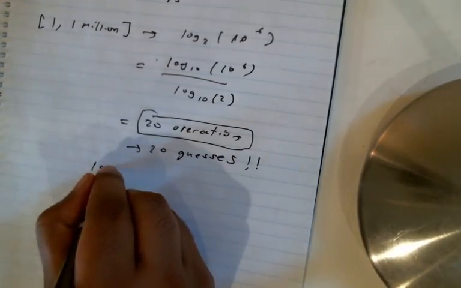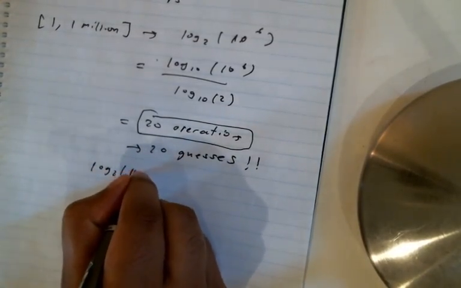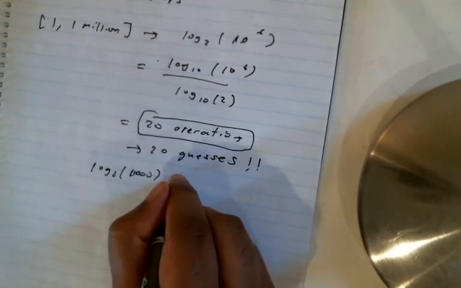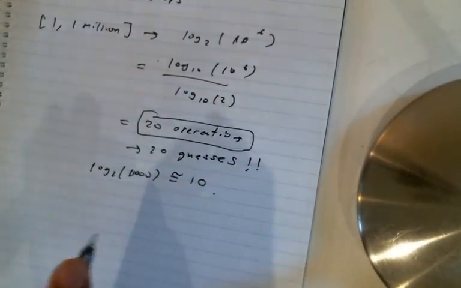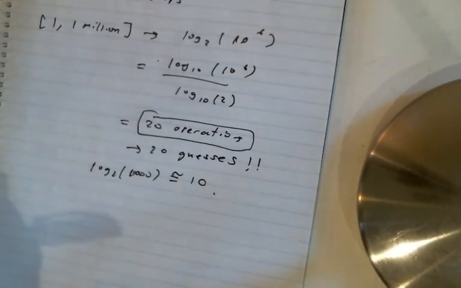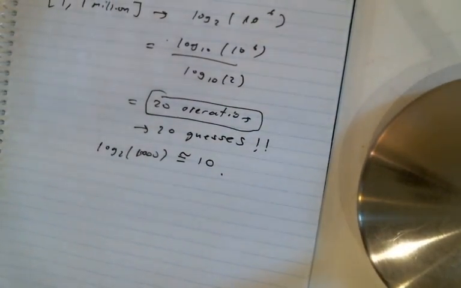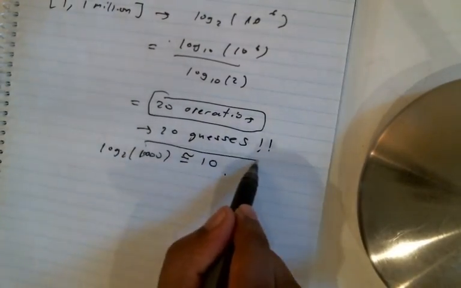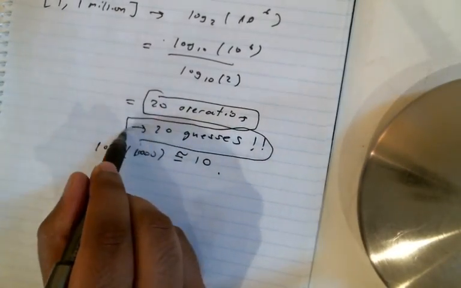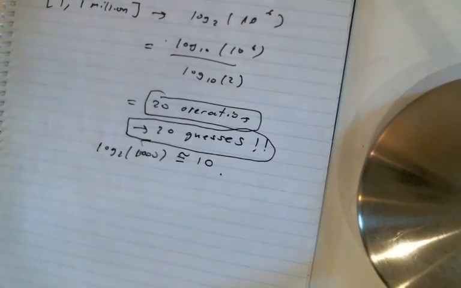So log base 2 of 1,000 is approximately 10, because 2 to the 10 is 1,024. Just a convenient mathematical fact that you should know. So it only took us 10 more guesses when the input size went from 1,000 to 1 million. That's pretty cool, isn't it?